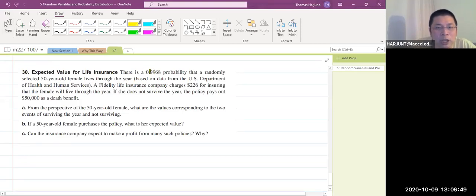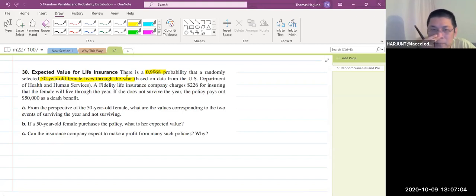Number 30 in our textbook, 5.1, there's a 0.996 probability that a randomly selected 50-year-old female lives through the year. Basically, gets to the 51st birthday. Okay?